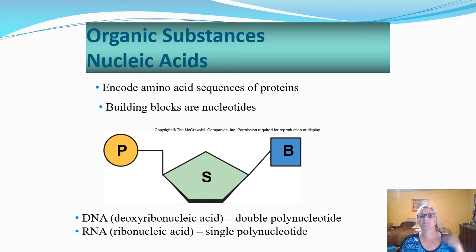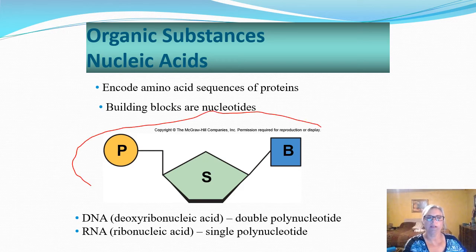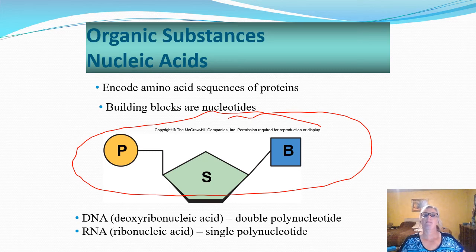So nucleic acids in the form of genes carry all of the instructions that control a cell's activity. All of the plans to build proteins, all of the instructions that are needed. These are formed by a monomer that we call a nucleotide. And this here on your screen, that is a nucleotide, which is a monomer.